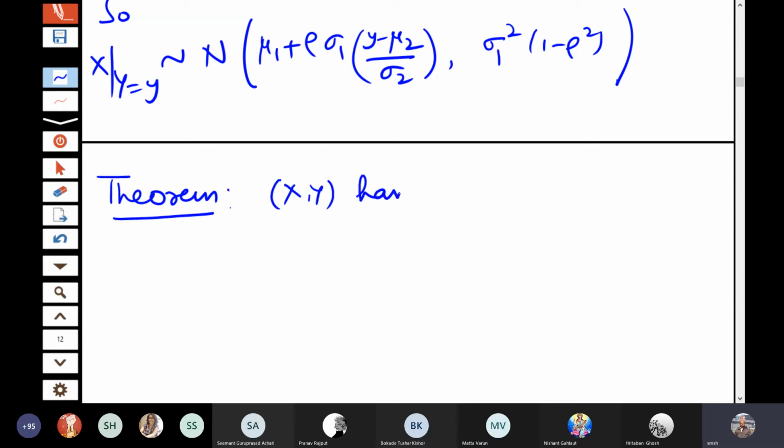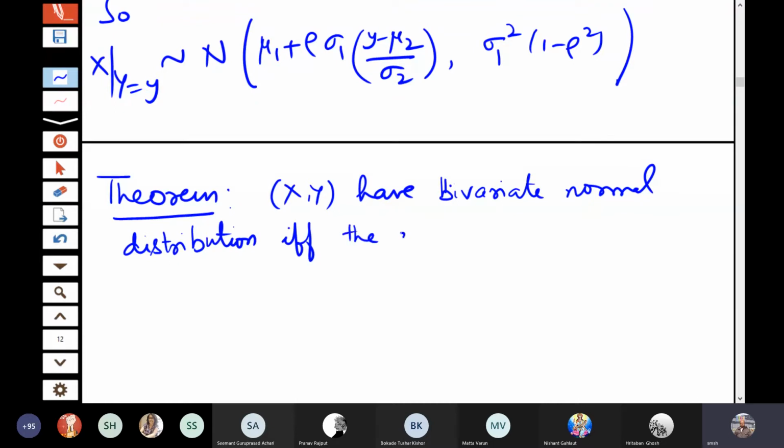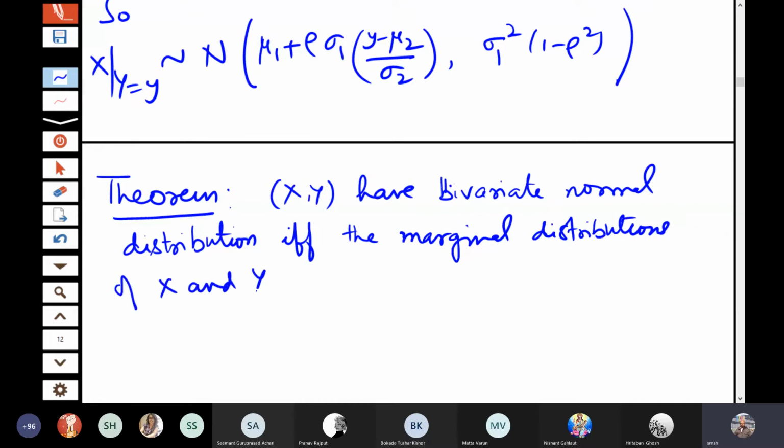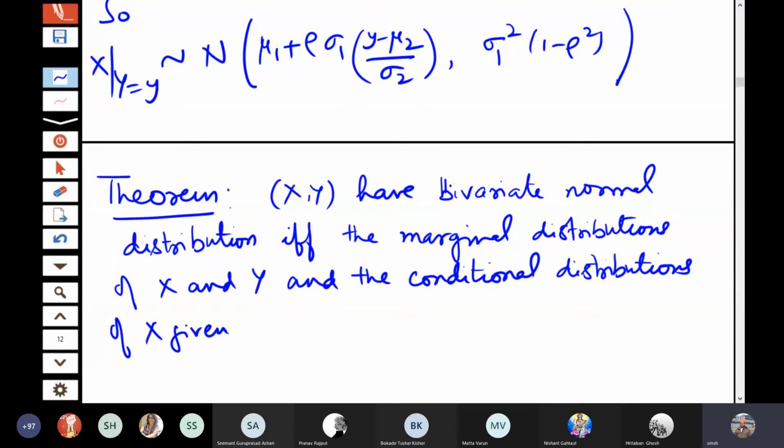X and Y have a bivariate normal distribution if and only if the marginal distributions of X and Y and the conditional distributions of X given Y and Y given X are univariate normal.